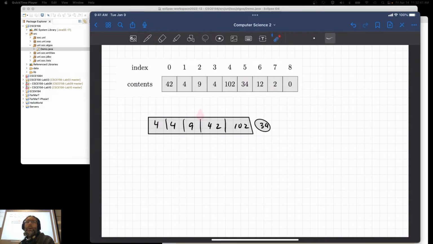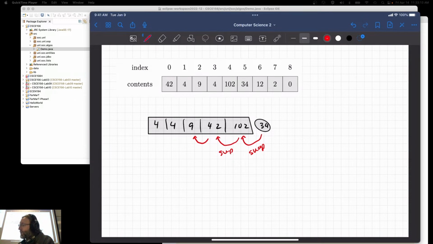Where does it need to be? Right here. But do I need to look at the entire array in order to determine that? No. I'll simply compare it to the one right next to it. They're out of order, so what should I do? Swap it. Compare it to the next one. They're out of order, so swap it. Compare it to the next one and see that they're not out of order. 9 and 34, the thing that I'm shifting down and inserting in a location, they're in order.